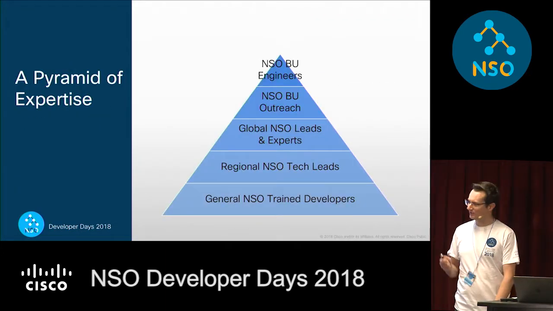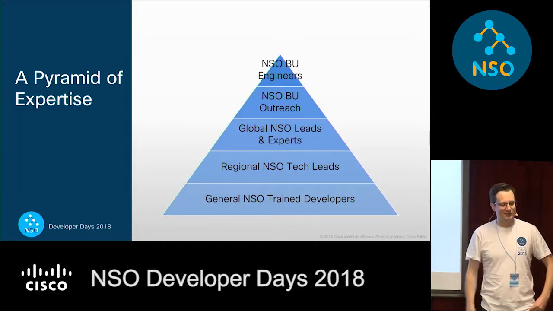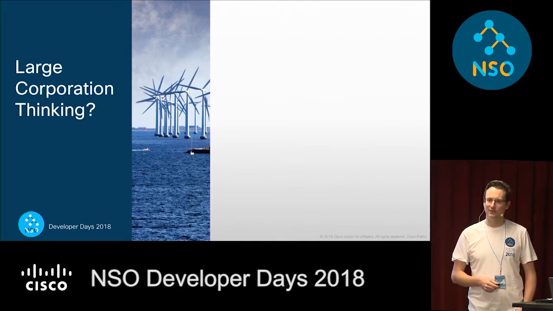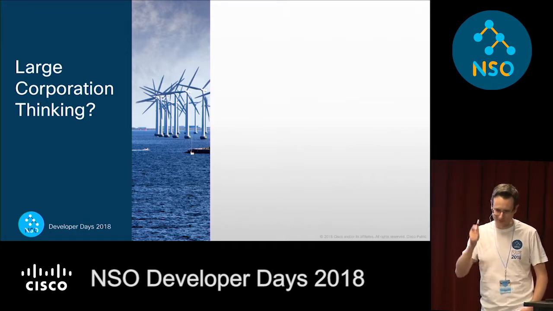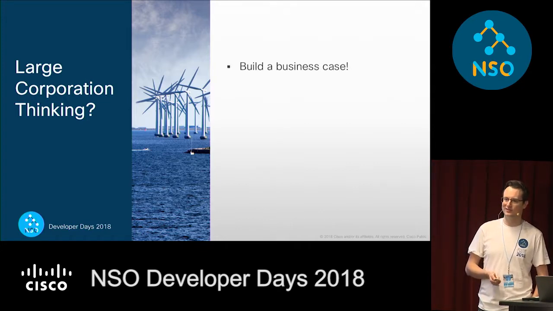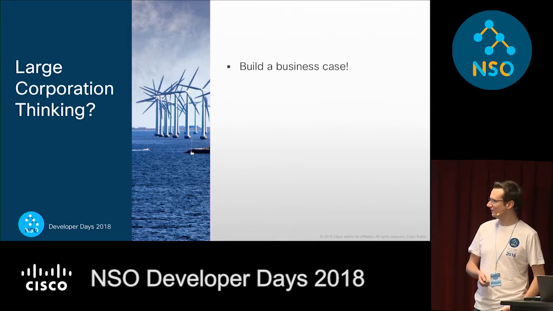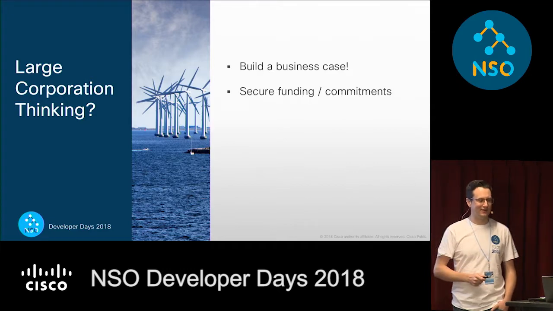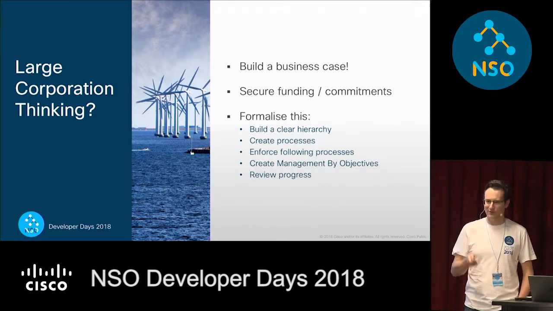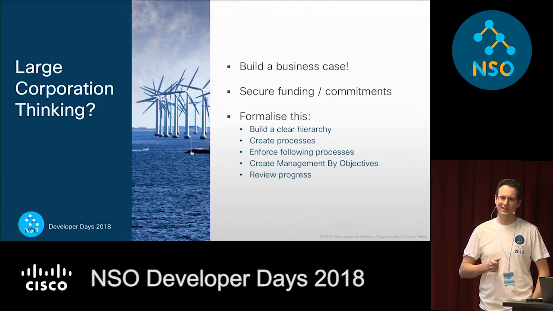So Cisco, large corporation, right? If we'd approached this classically, I'd build a business case to put something together. We'd secure funding and commitments from some sponsors, and we'd formalize it. We'd have a nice clear hierarchy of, well, you are in this box, you're in this one, congratulations, you've made it to the highest tier in AS.